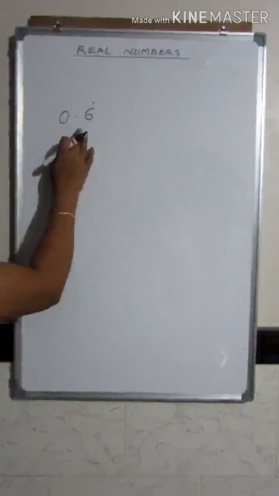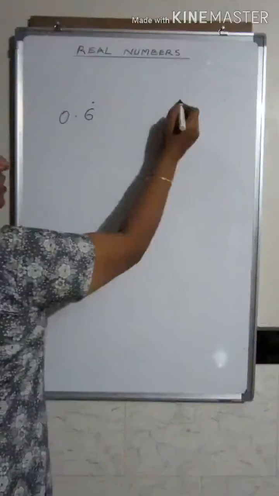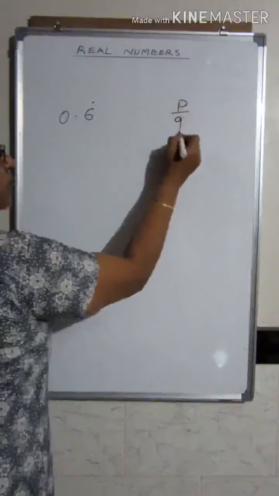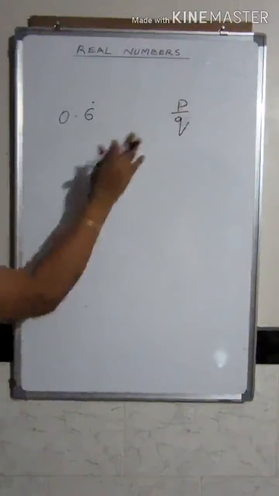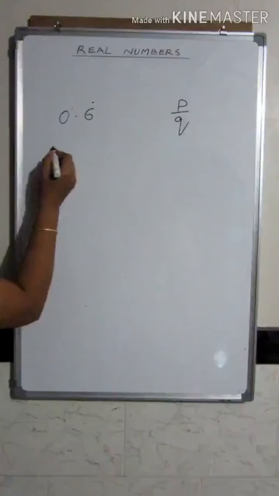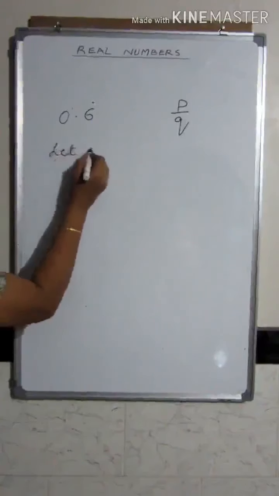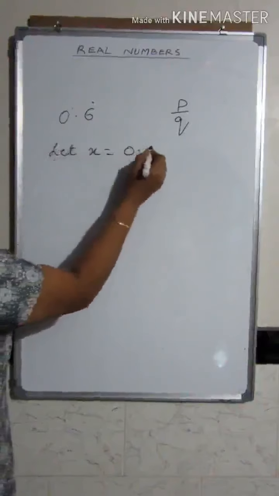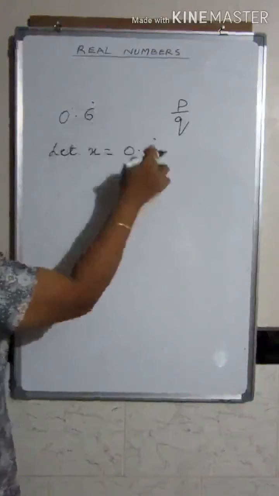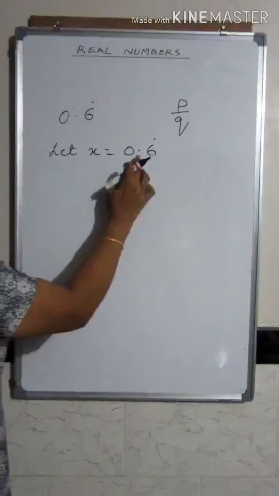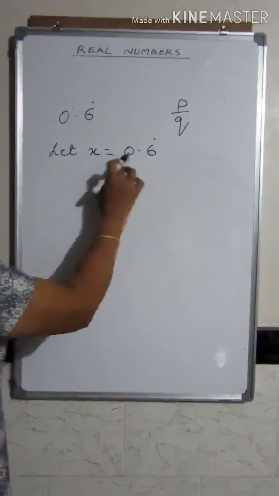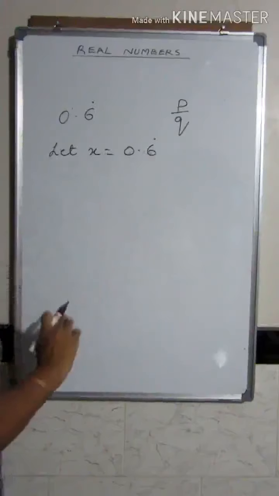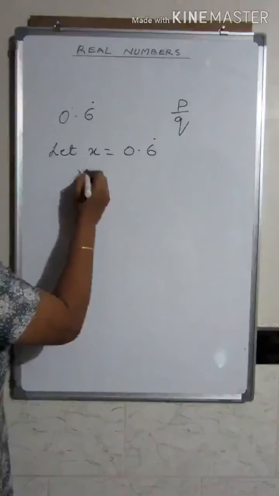This recurring decimal, you have to convert it in the form of P upon Q. So now to convert the given recurring decimal in the form of P upon Q, first let us consider, let x be equal to 0.6 recurring, the given problem. Now after the point, if you have got one decimal place as recurring, then multiply the given expression on both the sides by 10.